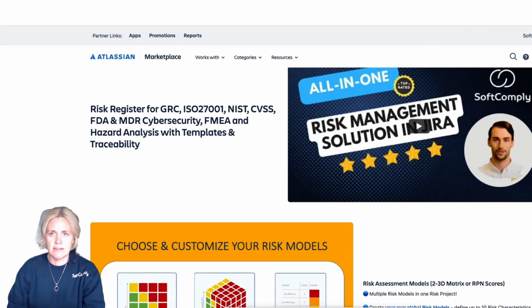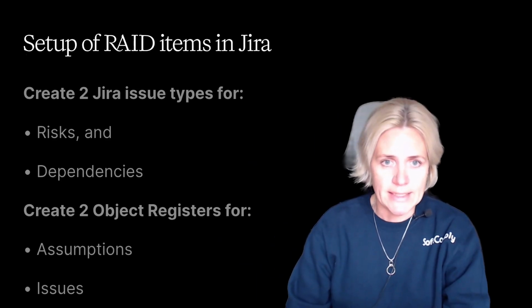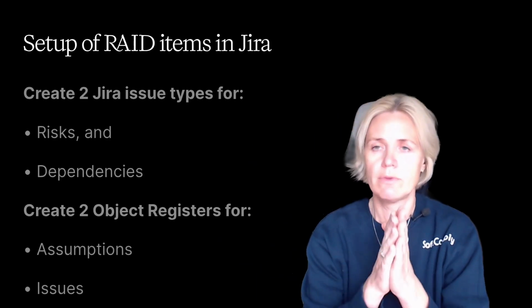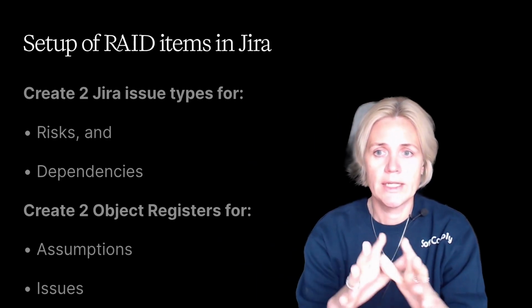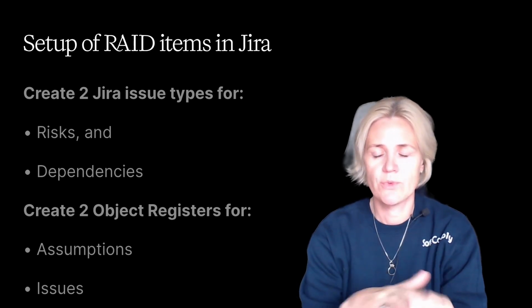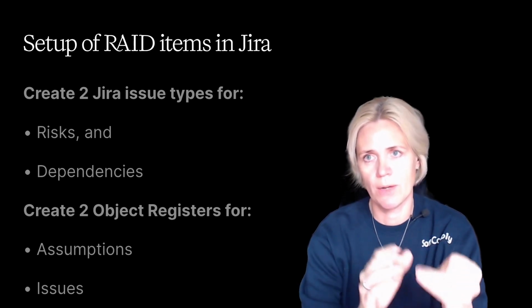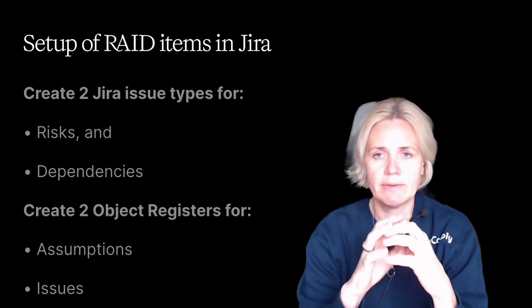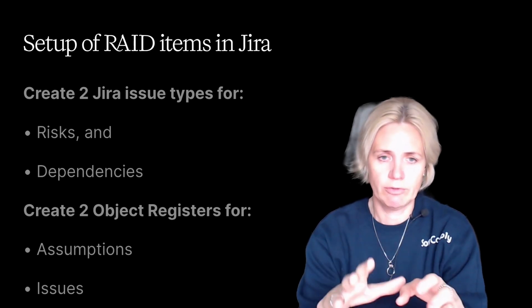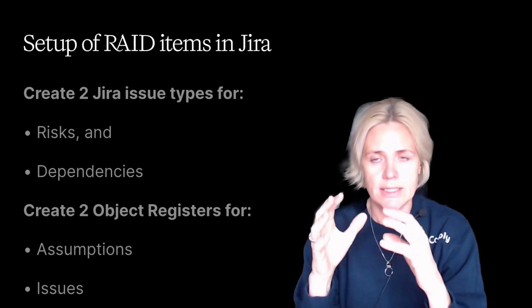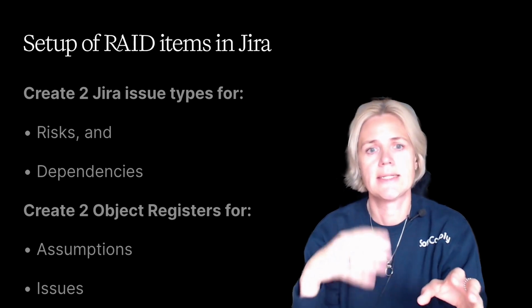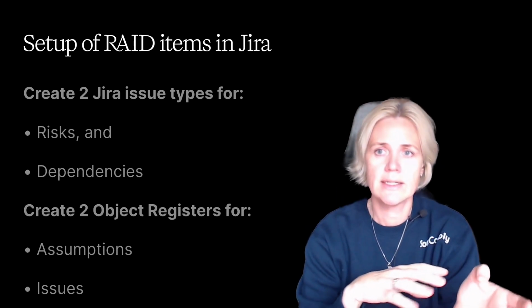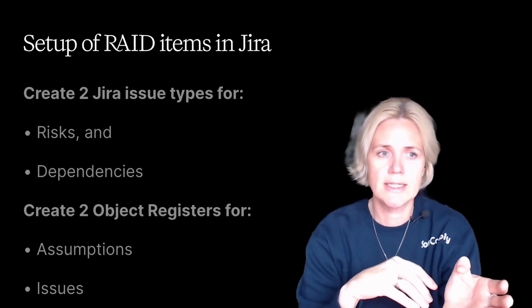Once you have that installed, we can do the following things. We have 4 RAID items that we need to keep track of. We have risks, we have assumptions, we have issues, and we have dependencies. Now, 2 of those 4 have their own lifecycle workflows, owners, milestones, review dates, and in case of a risk, it also has a risk model attached to it.